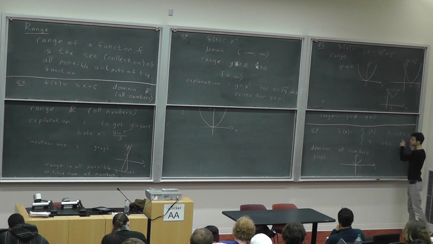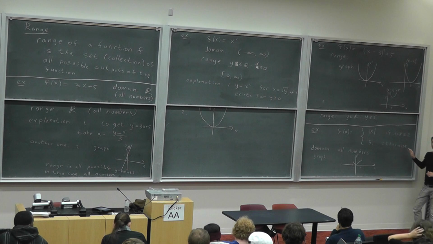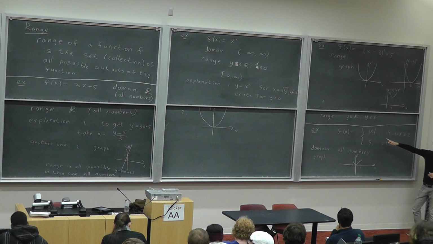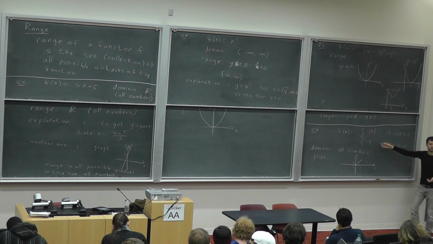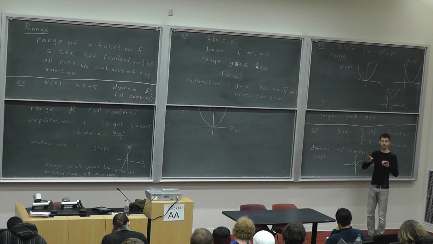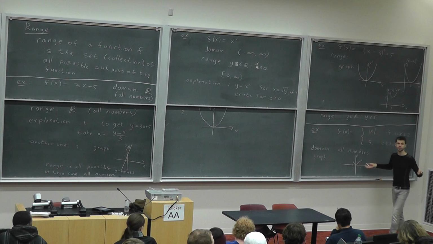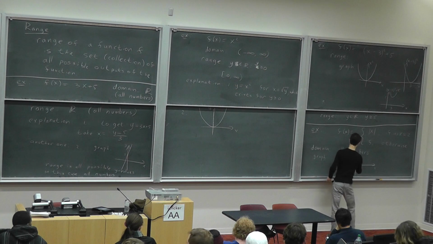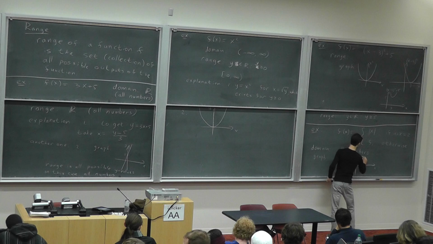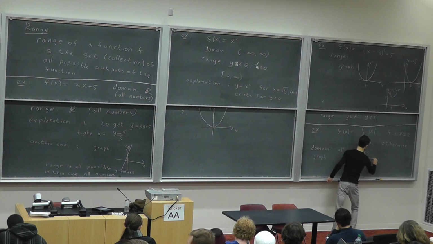If x is outside of this interval, my function is just 5. So the graph is a horizontal line. The y value does not depend on x. So here somewhere I have 5, and I'll have such a graph.